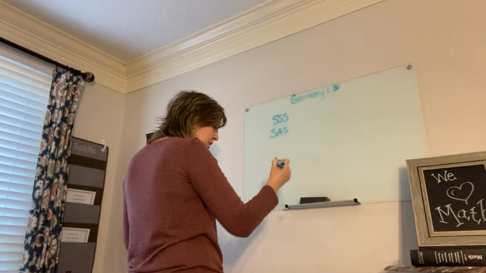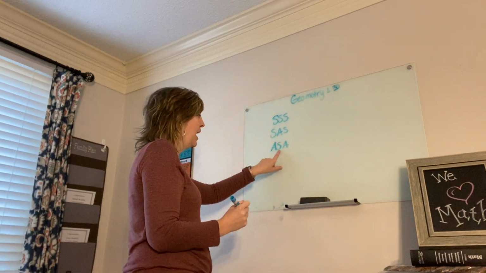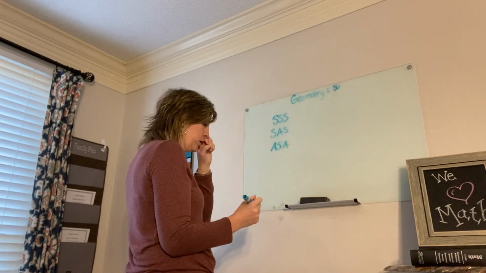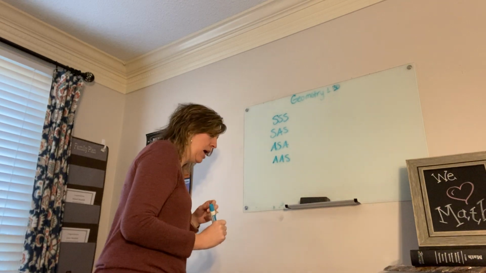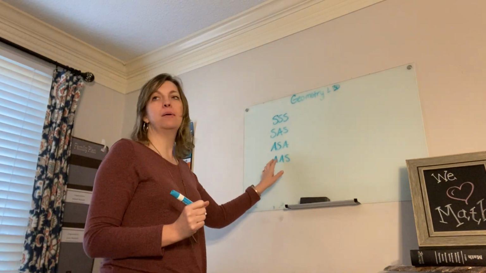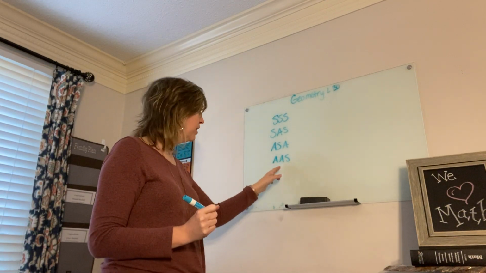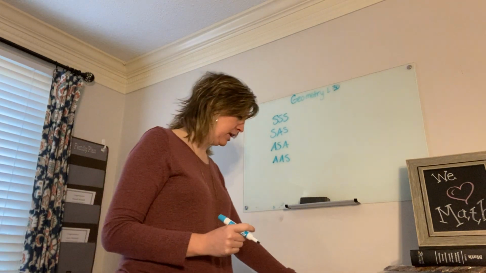Now, your book is actually showing angle, side, angle, and this side would be in between the two adjacent angles. So that's important. And then you could also have angle, angle, side. And sometimes we see that where they give you a 90-degree right angle and then another angle and one side. So that's the congruence that we'll see there.